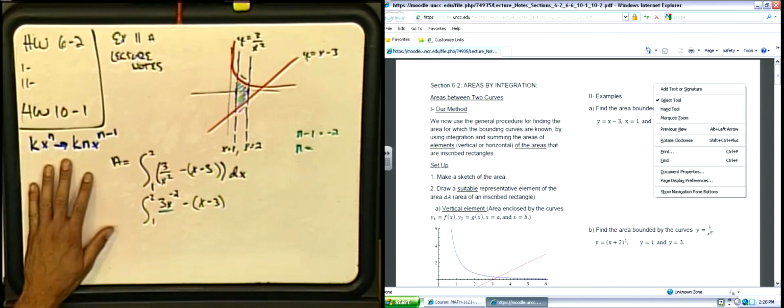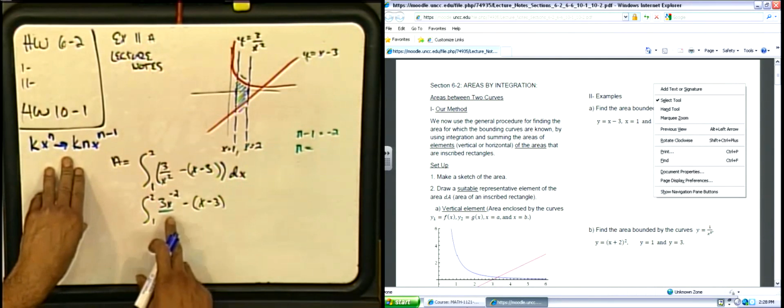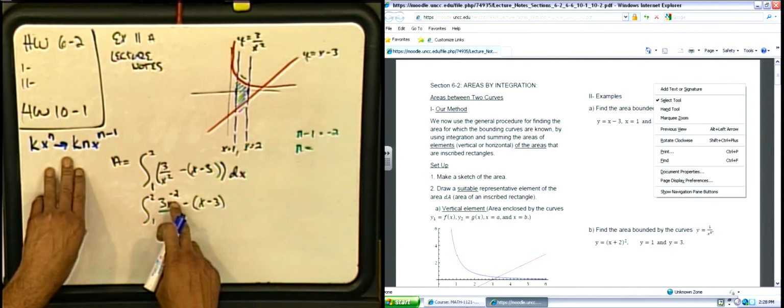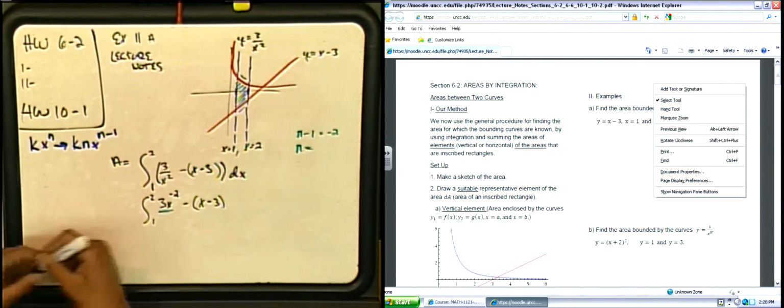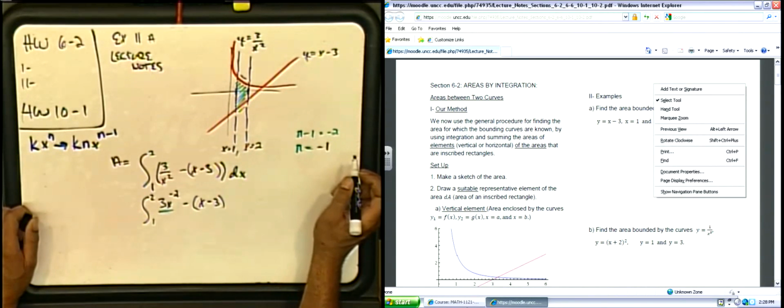Okay, we're going to use this formula for antiderivatives. They give you n minus 1, which means n equals negative 2 plus 1, which is negative 1.